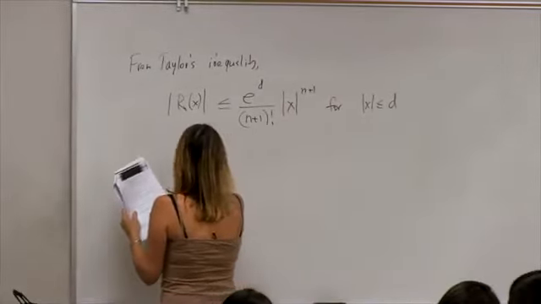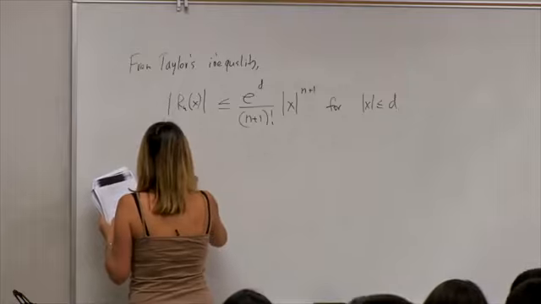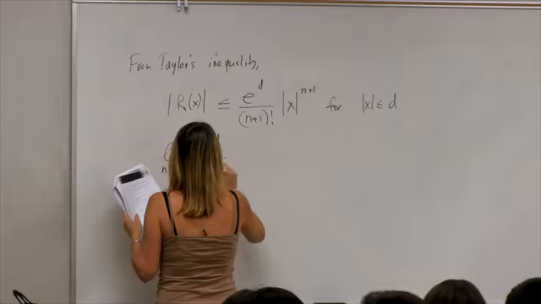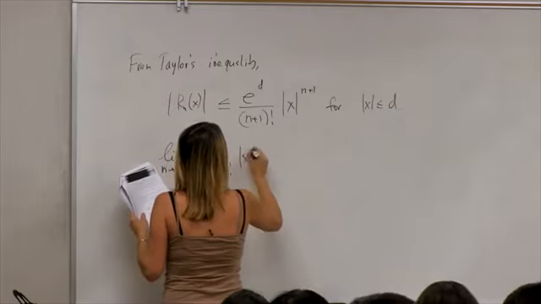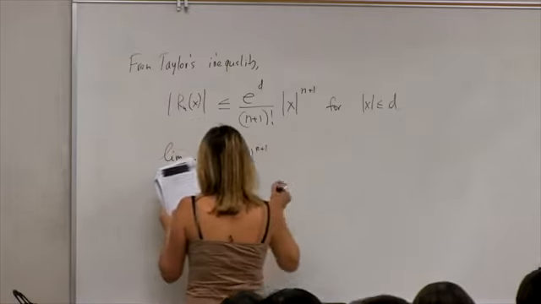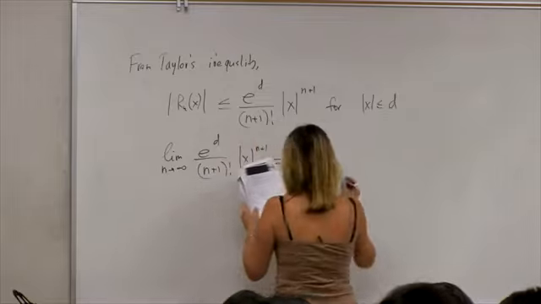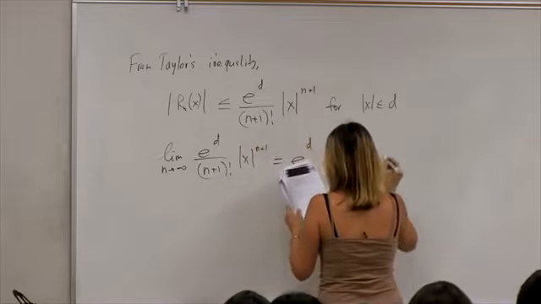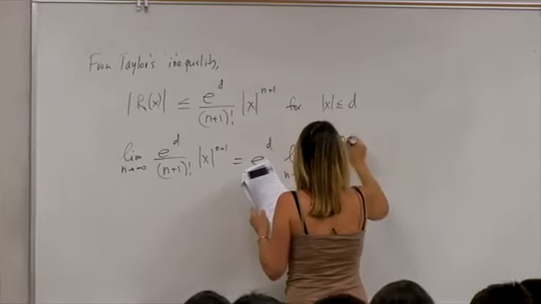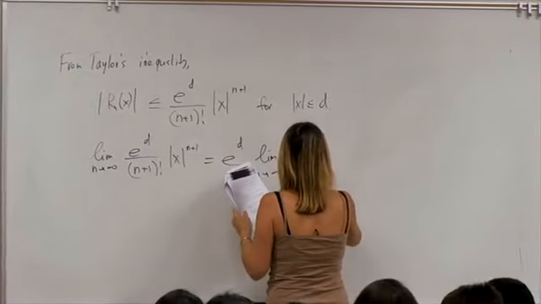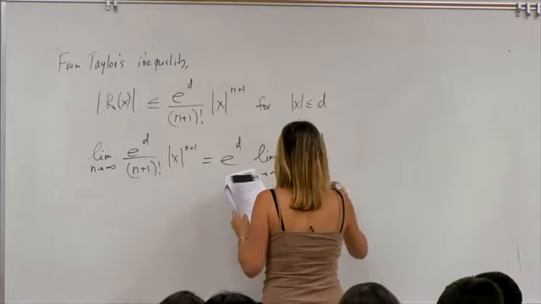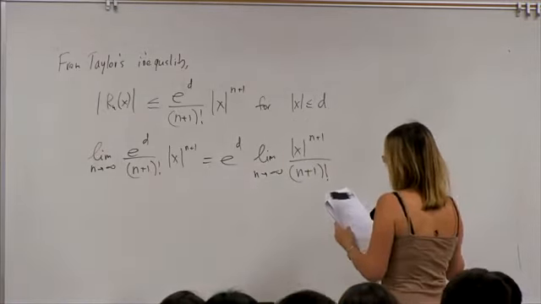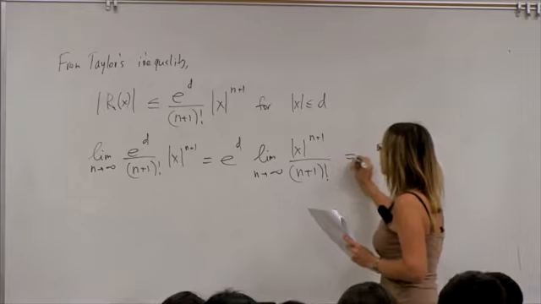Now we take the limit. The limit as n goes to infinity of this quantity, e to the d times |x|^(n+1) over (n plus 1) factorial, is the same as e to the d, because that's a constant, times the limit of |x|^(n+1) over (n plus 1) factorial. What's the limit of this quantity?